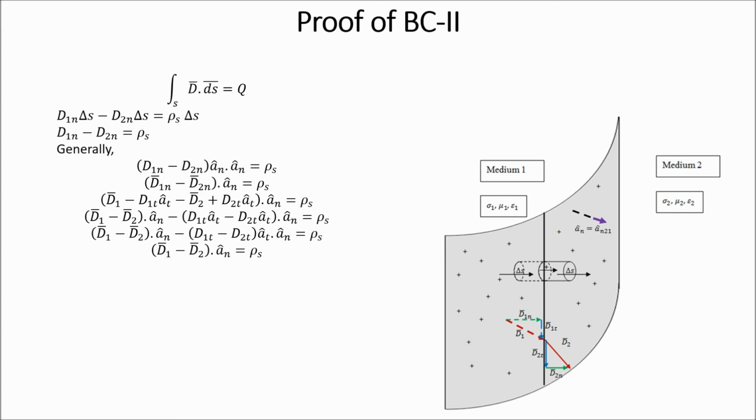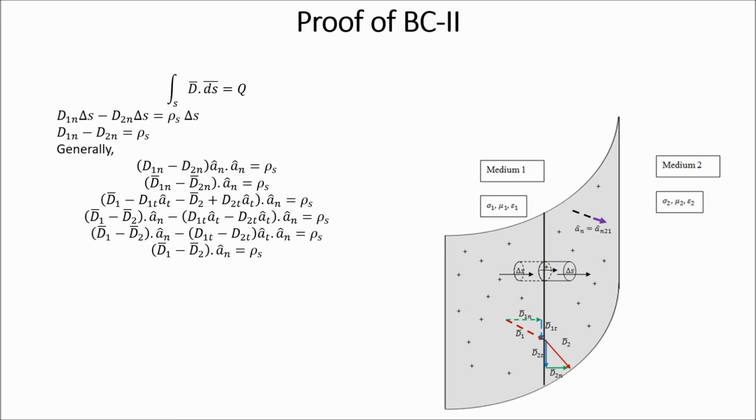Let's assume free charges are positive. A lot of plus signs are on the boundary surface, meaning there is a lot of surface charge.